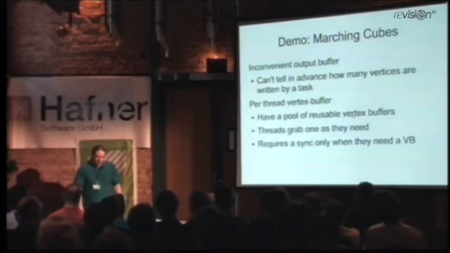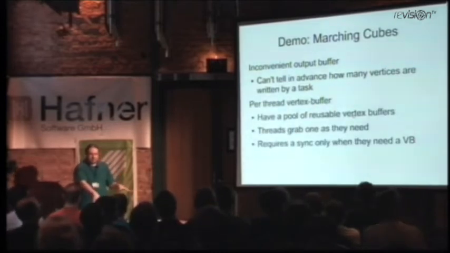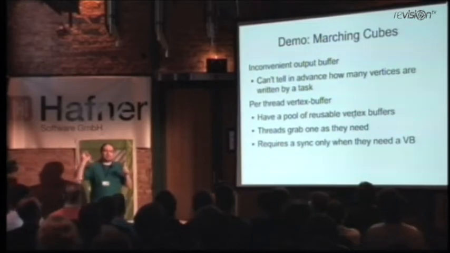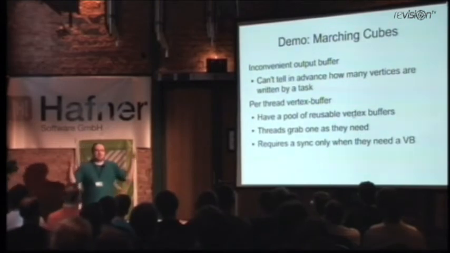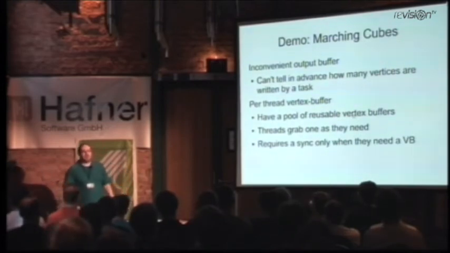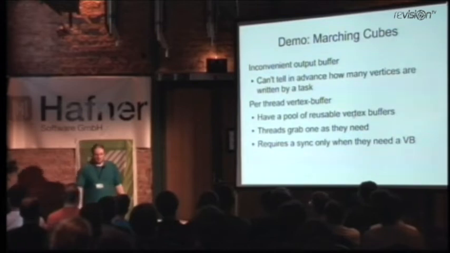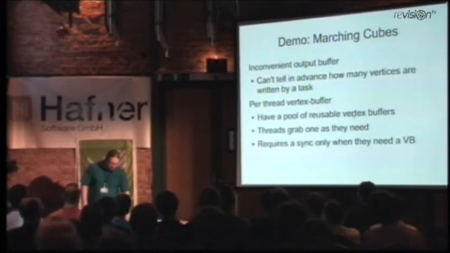This way we require synchronization every time a thread picks a vertex buffer, but that's only a few times, maybe 20 times or so. It shouldn't be a highly contended place.